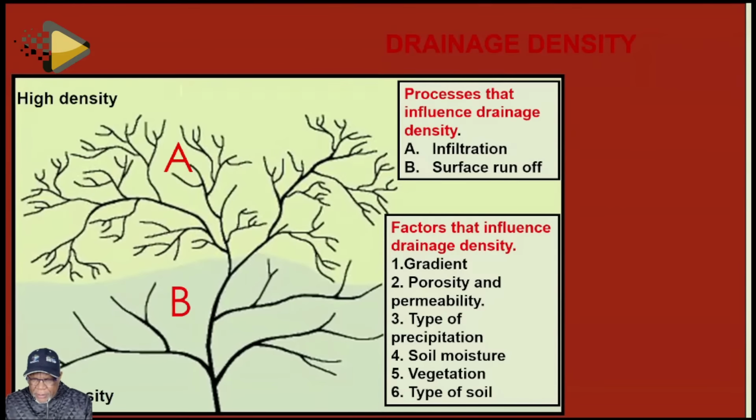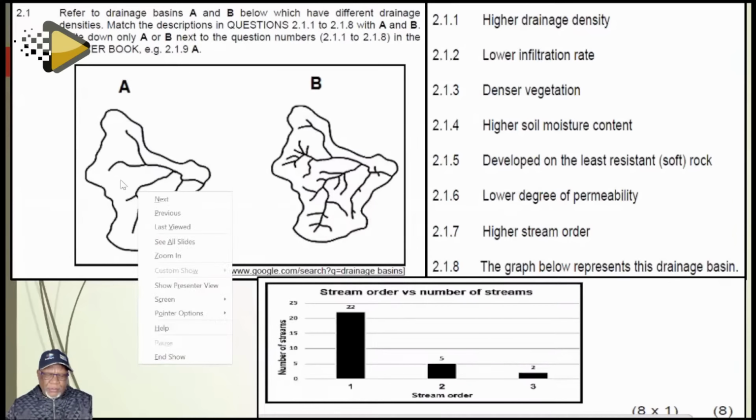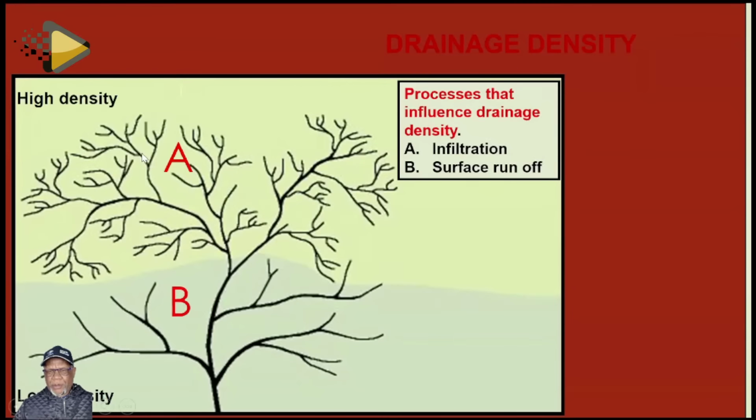Now, let's look at the drainage density at A. Sorry, not A. That's not A. Drainage density at A. What's happening here?